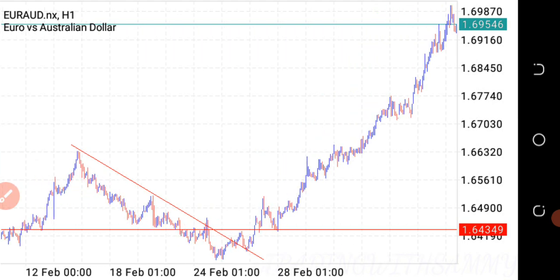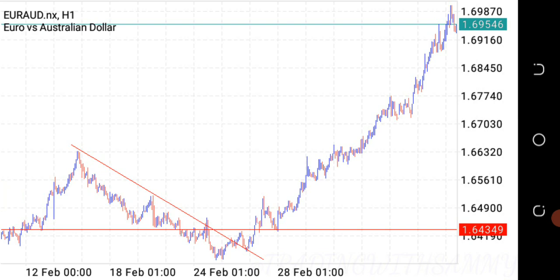Now let's identify the one thing that tells you the resistance and support levels to look forward to for entering your trade. The first thing I look out for is which current stage the market is in.